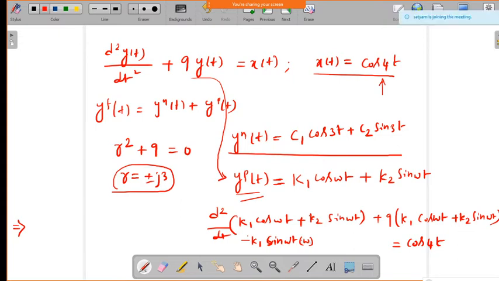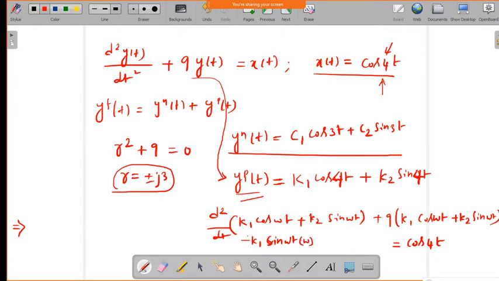So, find out the differentiation of this. Here omega is already given, it is nothing but 4, in the form of 4t. So, you need to take cos 4t and sin 4t. Okay.